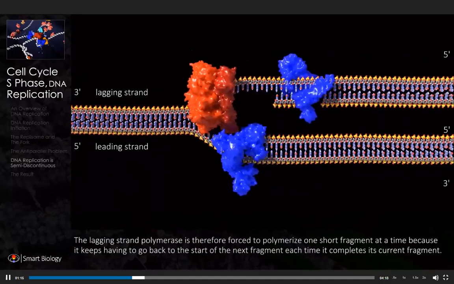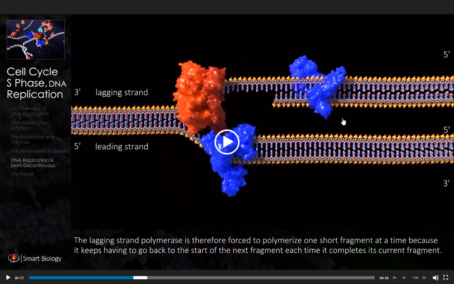So the lagging strand polymerase is therefore forced to polymerize one short fragment at a time because it keeps having to go back to the start of the next fragment every time it completes the current fragment. So this one will move back so as to keep pace with the helicase, which is opening up this replication fork. It will synthesize in this direction, which is the 5 to 3' direction here, and then it will go back and synthesize again, and it will go back and synthesize again.